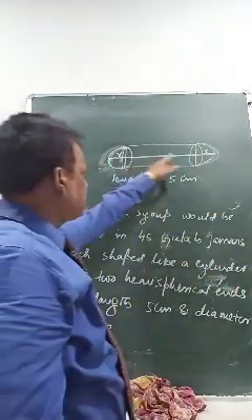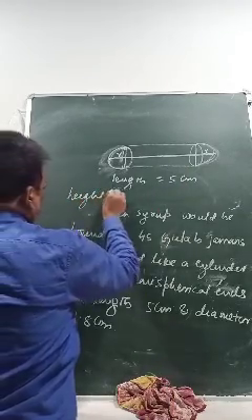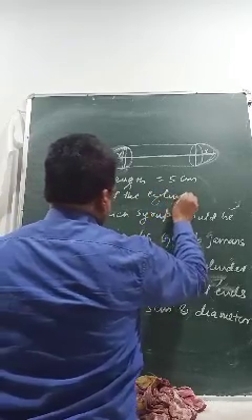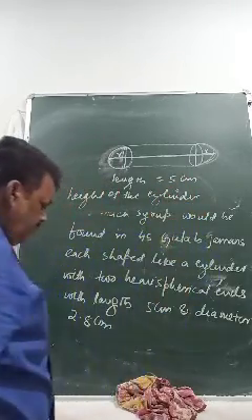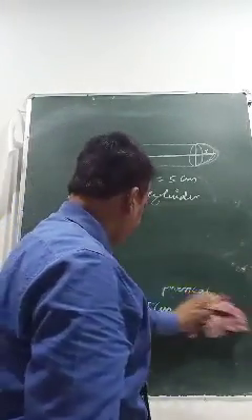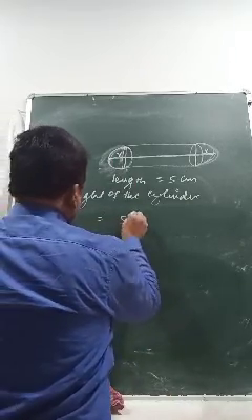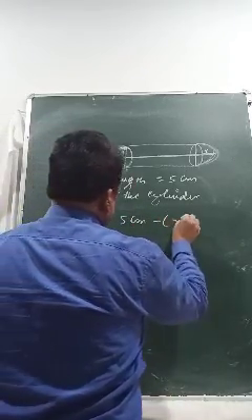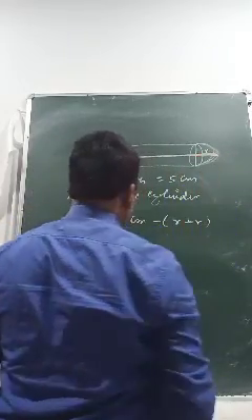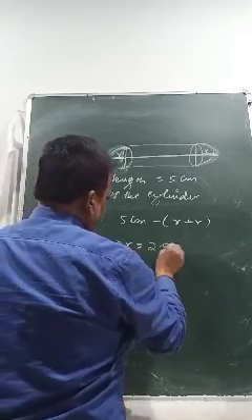So height of the cylinder, how much will it be? Now 5 centimeter minus R plus R. 1 R is gone from here, 1 R is gone from here. Then what is R here? 2 R is 2.8 centimeter.